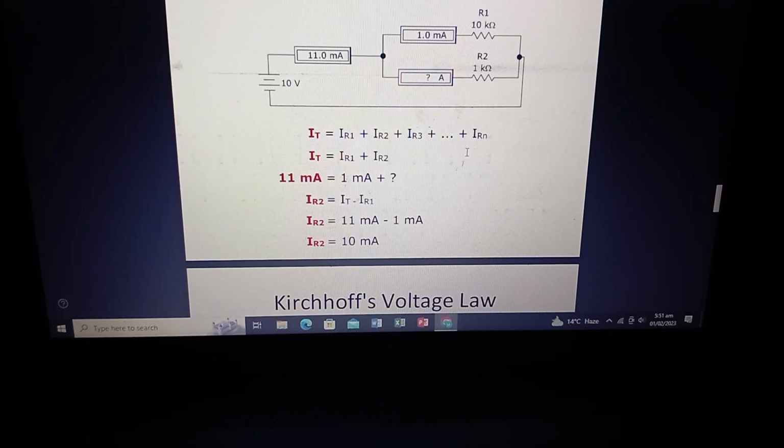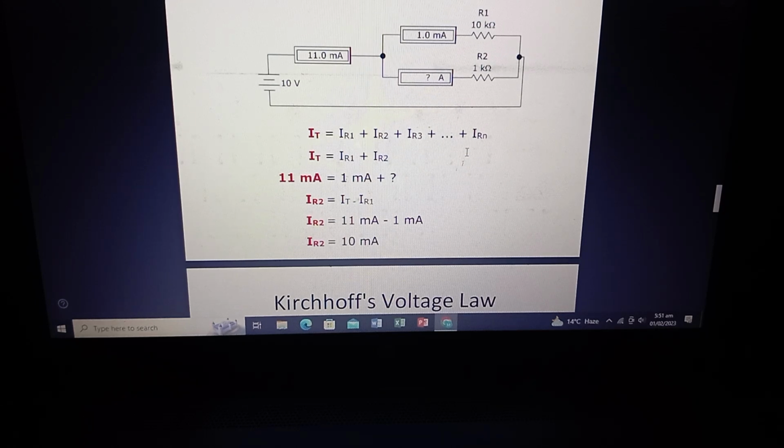Again we have another circuit. The total current here is 11 milliampere, and on one resistor it is 1 milliampere, and the question is what is the current on the other side. As we see that the two resistors are in parallel, the current may divide. I total is equal to IR1 plus IR2.